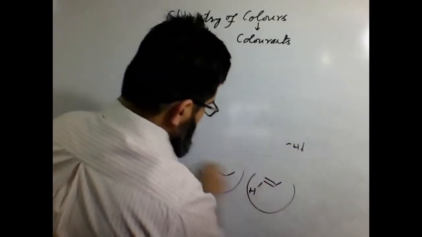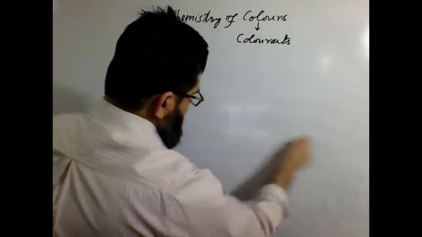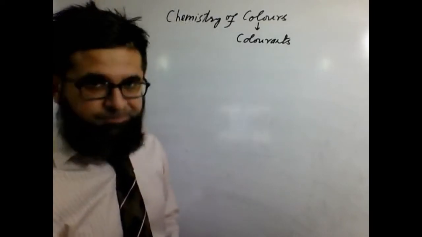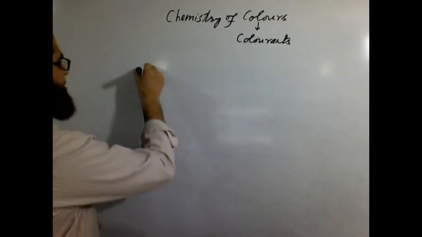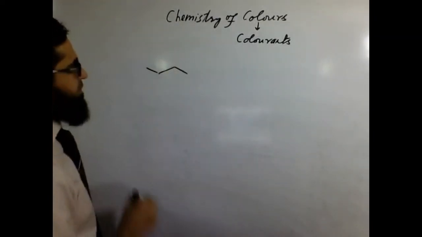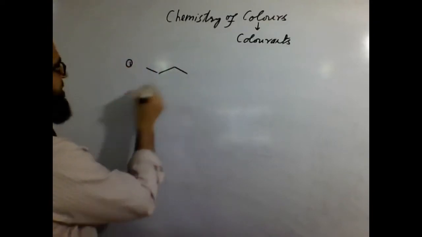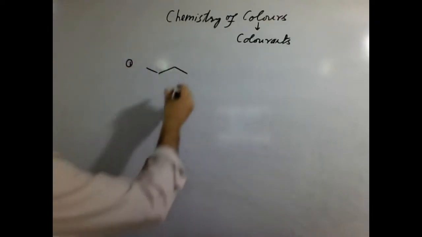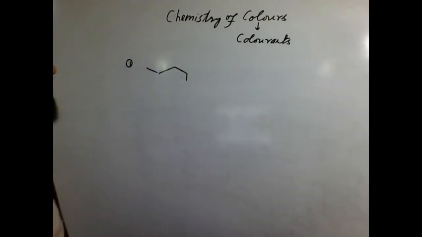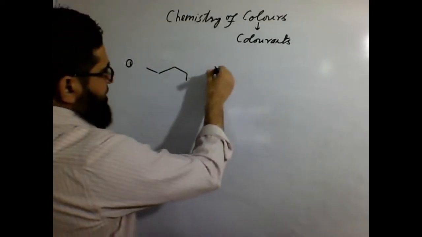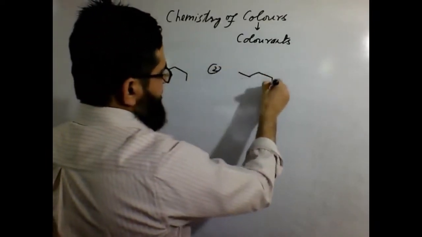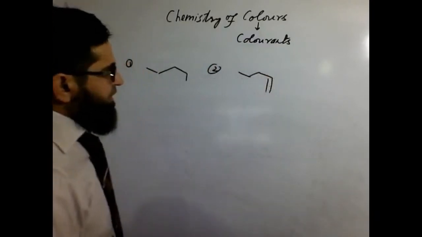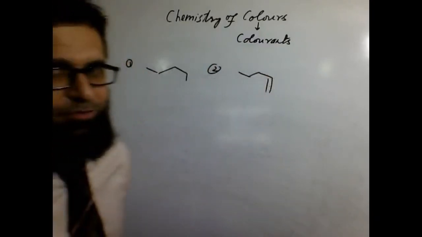Let's say I can start with a very simple example, with a very simple molecule. If you have this sort of a molecule, number 1, called an alkane, there could be some other molecules. Molecule number 2 carries a double bond. They are supposed to be alkenes.